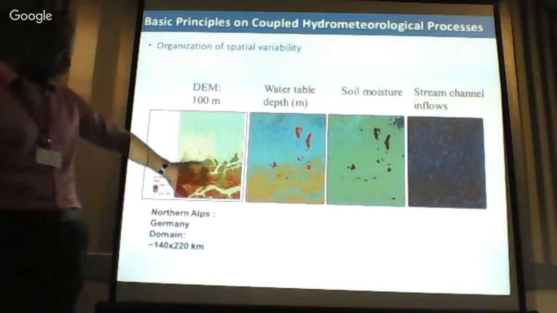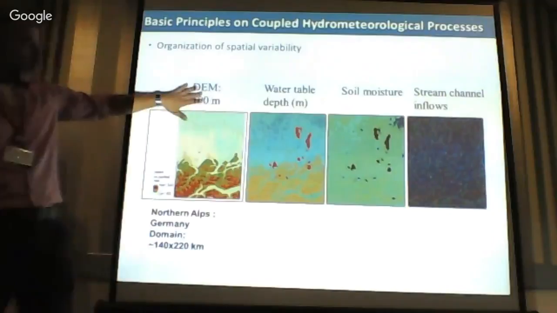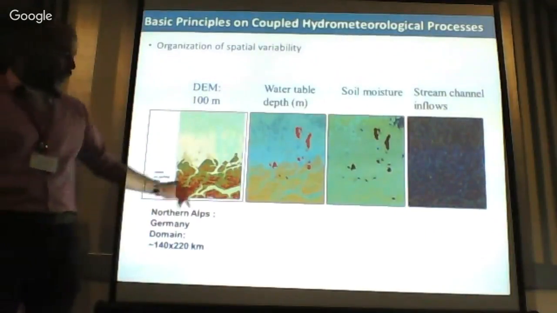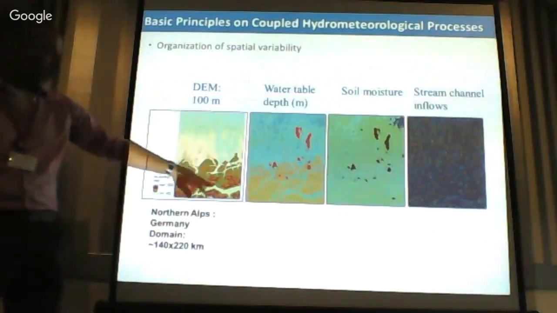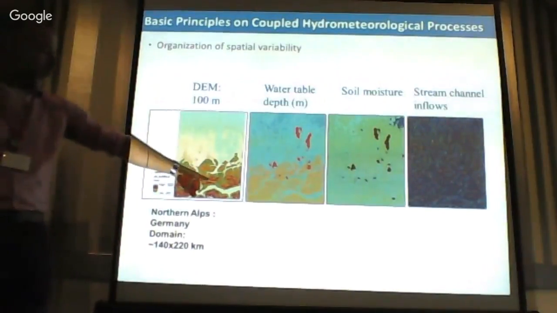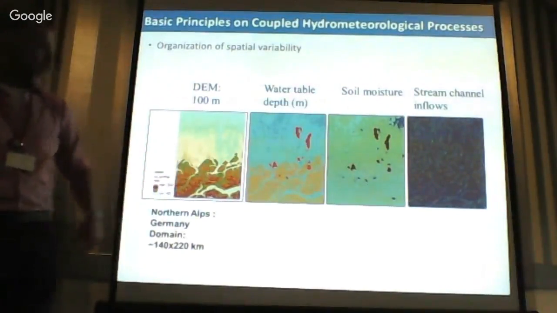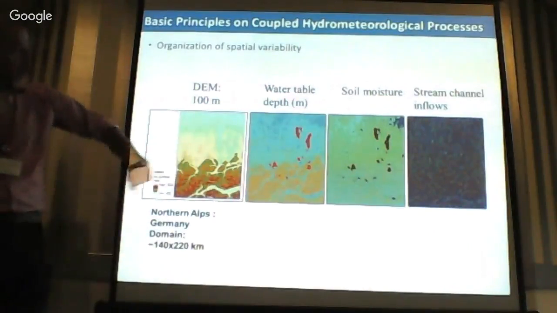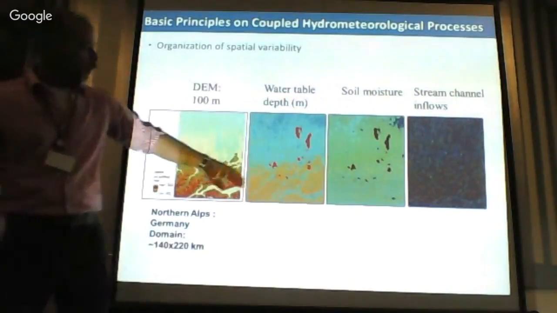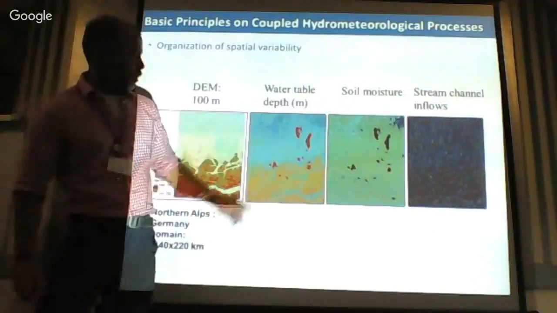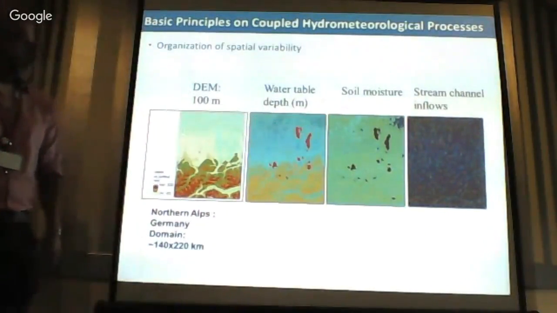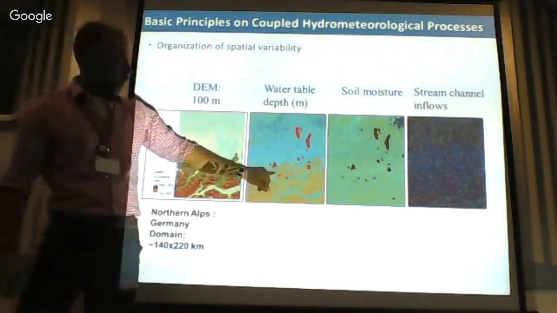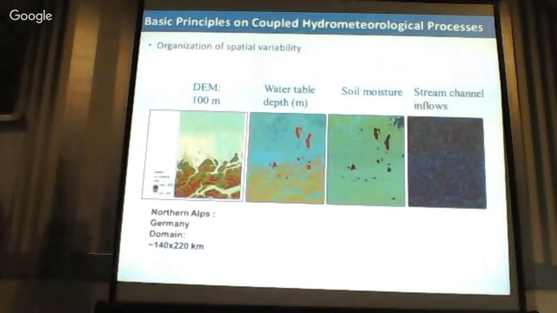In this particular instance, this is terrain in this panel at 100 meters. This is southern Germany, actually into Austria with the Inn River Valley. And this region here is the Zugspitze, which is the highest mountain in Germany, and Garmisch-Partenkirchen in that area. So they're looking at the alpine front here. In a long-term simulation, you see that there's very shallow groundwater, as depicted by the dark blue colors here. And then you go up into the mountains and, of course, the water is drained off into the valley.